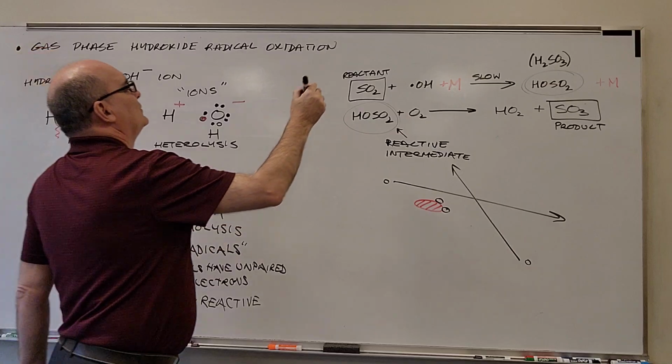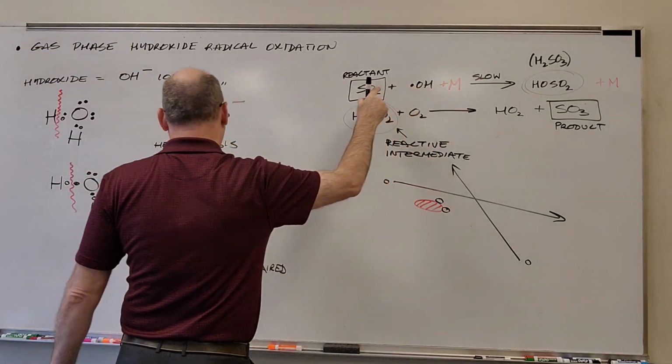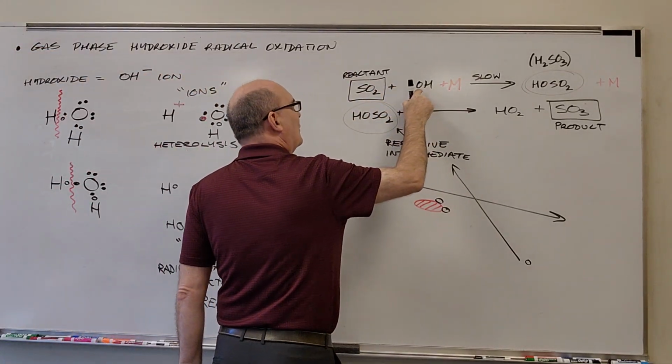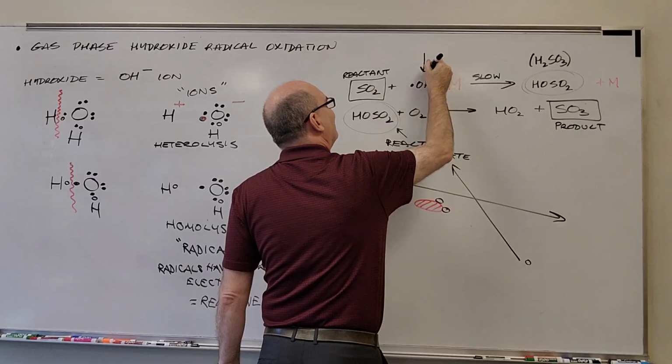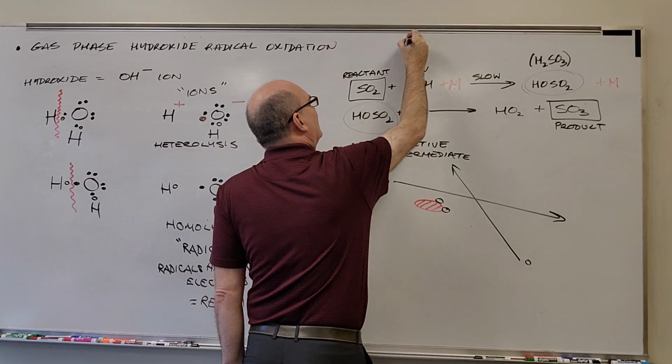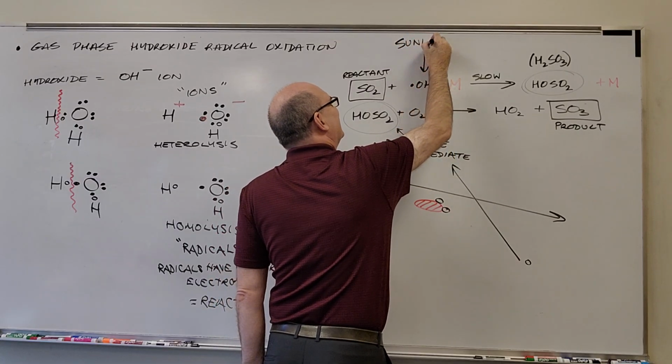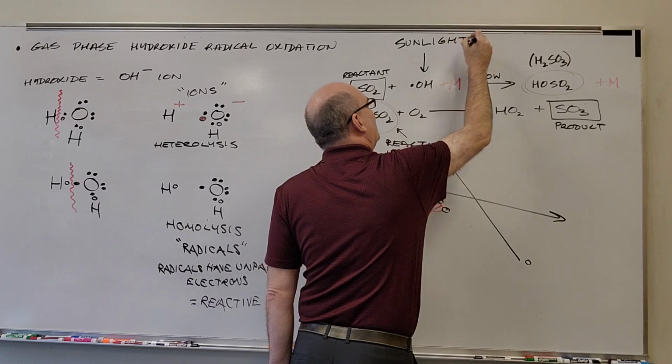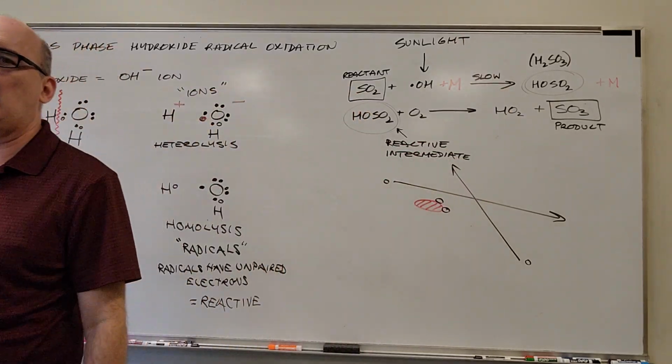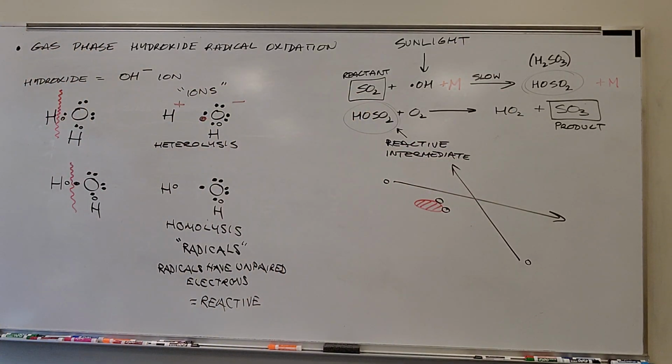This reaction is most likely to happen right here in order to generate that radical. That radical is probably generated during sunlight hours. So this doesn't work when it's cold and dark all the time. Doesn't work in winters in northern places.